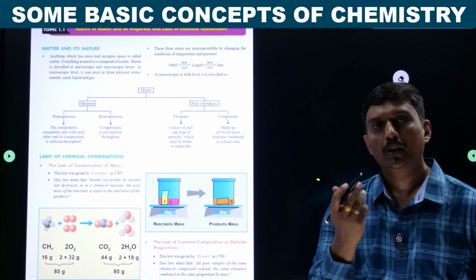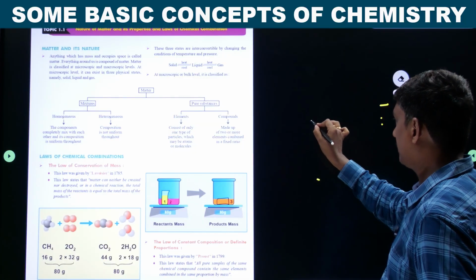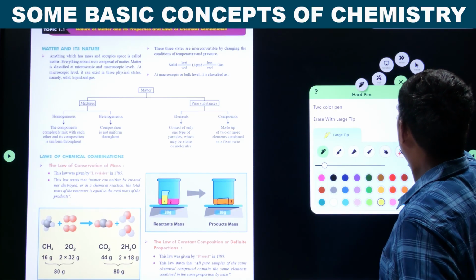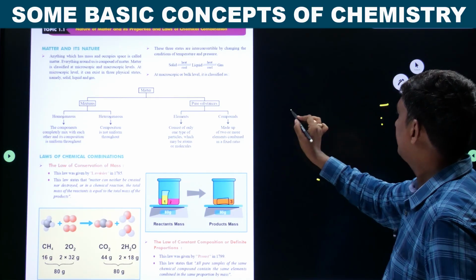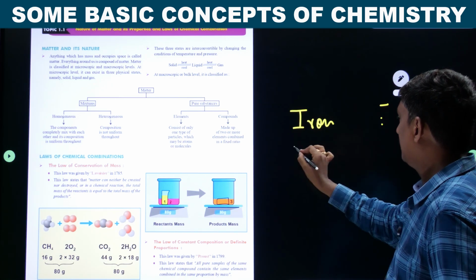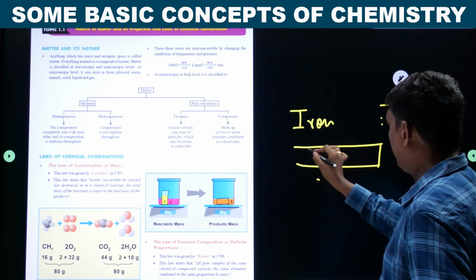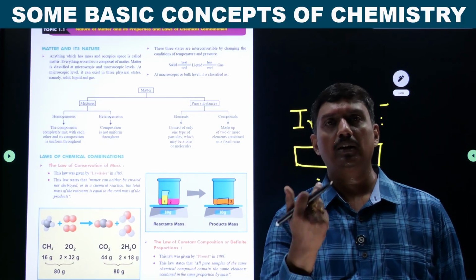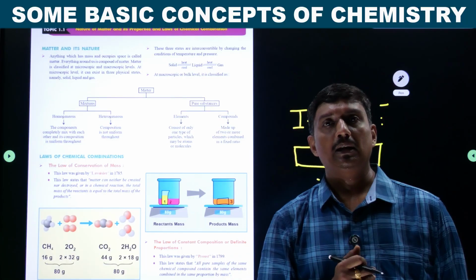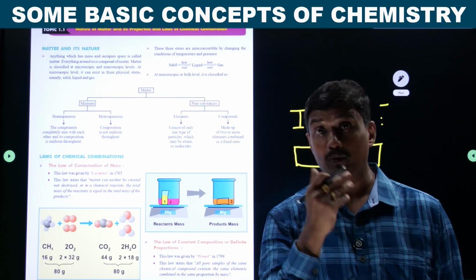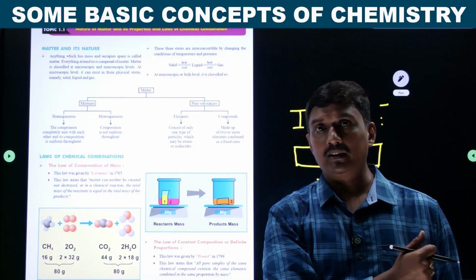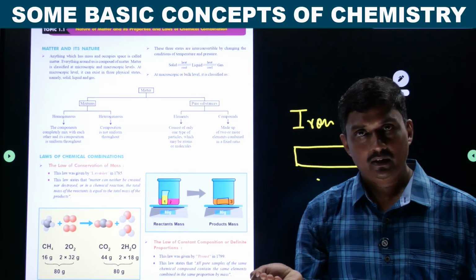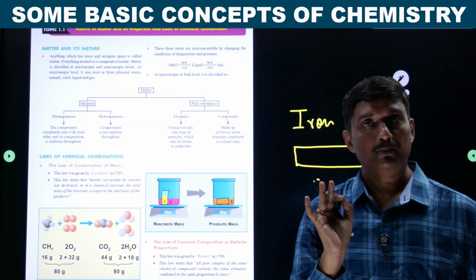A very simple example, most common to us: an iron rod. If you are telling it is iron, why are you telling iron? You could say it's gold. You could say it is magnesium or sodium, but you are telling iron. What makes you say it is iron? These are metals which differ from each other with respect to chemical and physical properties.